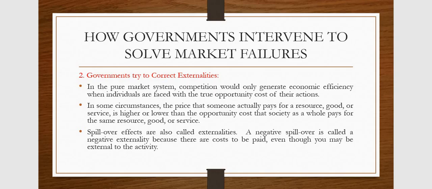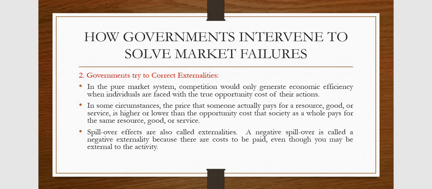That was the first point. And now the second point is governments try to correct externalities. And so the externalities we are talking about are also known as spillover. So have this in mind. It also means spillover. And so let's look at how government will also try to correct externalities.